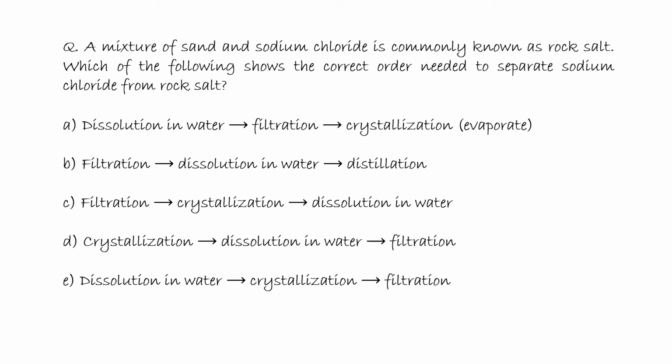A mixture of sand and sodium chloride is commonly known as rock salt. Sand is insoluble in water and sodium chloride is soluble in water. Which of the following shows the correct order needed to separate sodium chloride from rock salt? Dissolve in water, then filtration, followed by crystallization or evaporation.